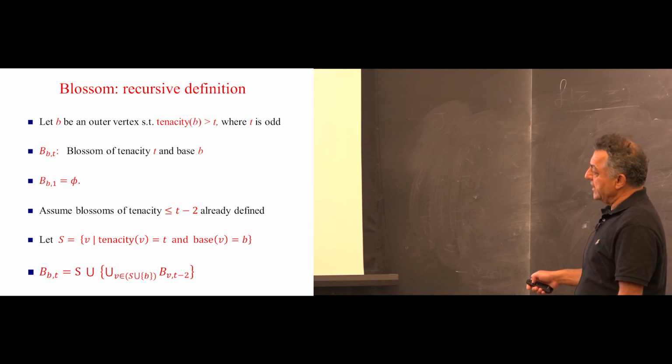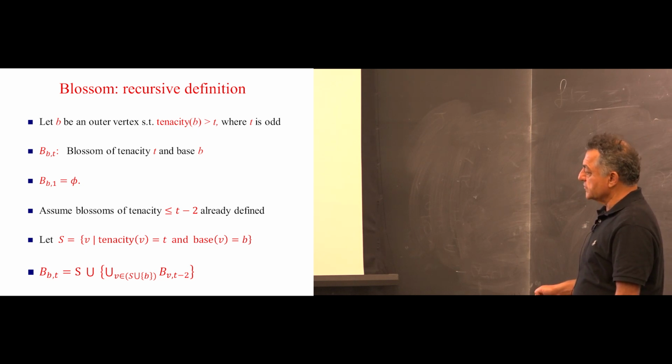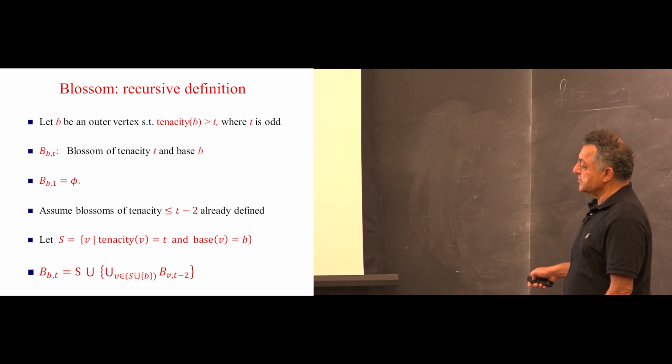Then the blossom of tenacity T with base B is, first take all those vertices of tenacity T which have B as the base, and union it with all the smaller blossoms of tenacity T minus 2 sitting at all of these vertices and at the base.